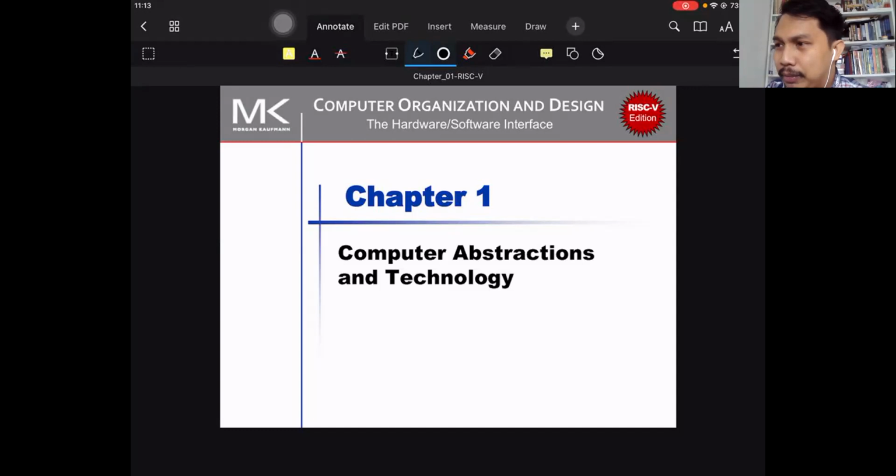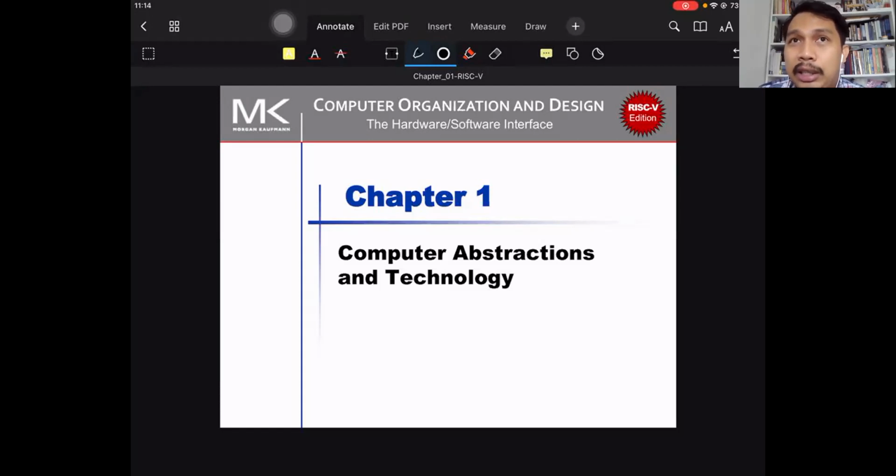Microprocessor design is a merging of two worlds, the world of the purely hardware designers and the world of the purely software developers. It's in between.